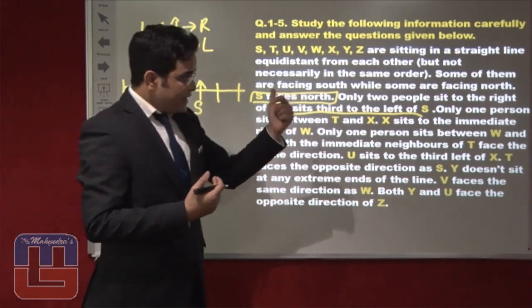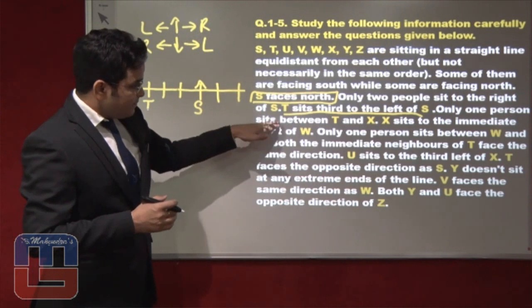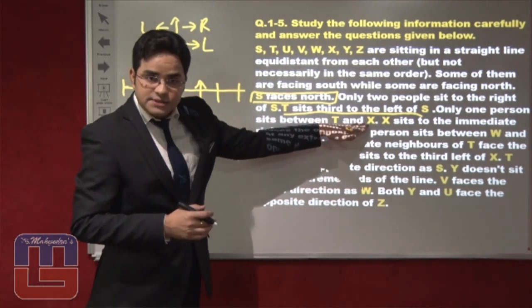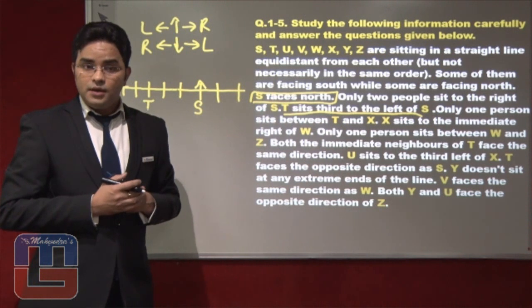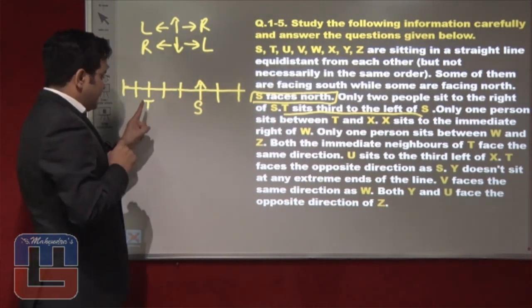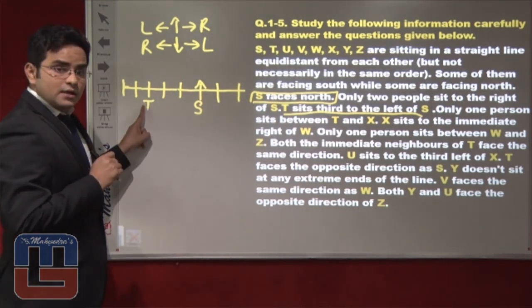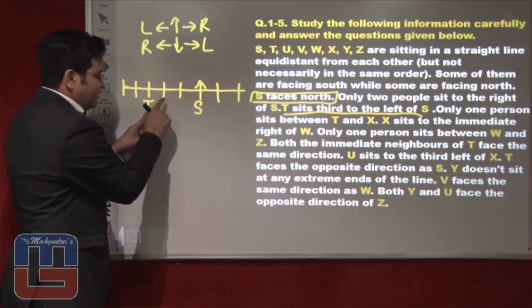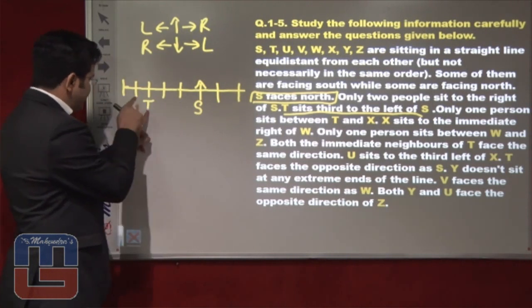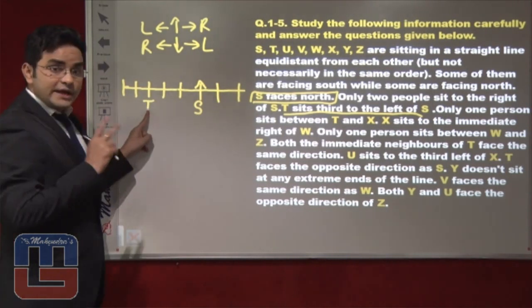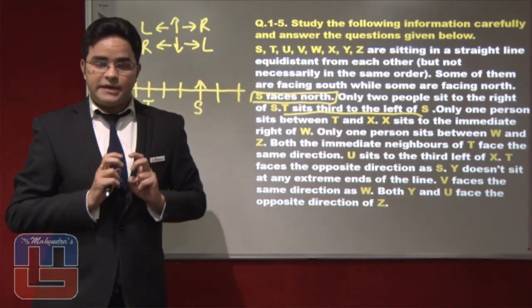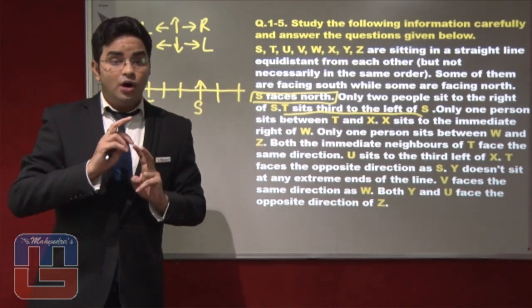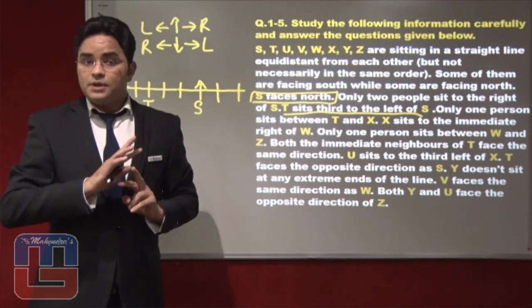Next says only one person sits between T and X. Between T and X there is only one person. Okay, so check it. In this case, T is here and with one gap, X can be this side or this side. So if meanwhile, while you're solving the question, you're getting two possibilities, it's better to draw another possibility at the same time.